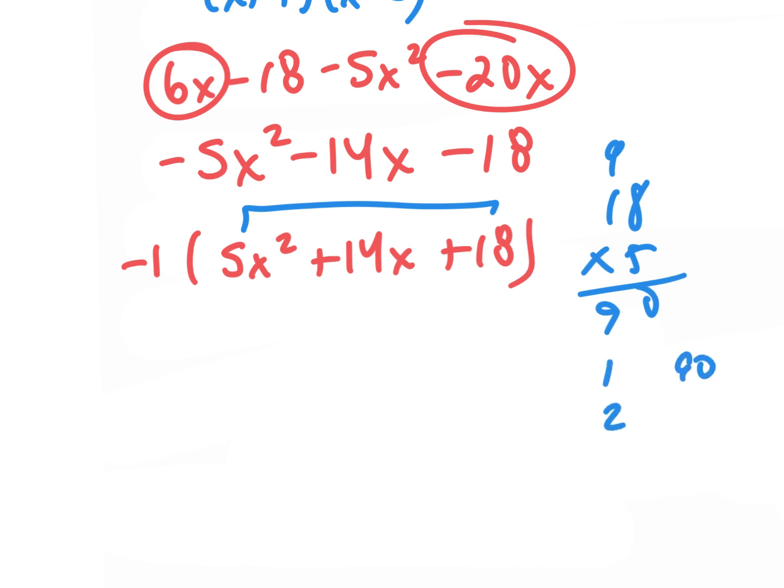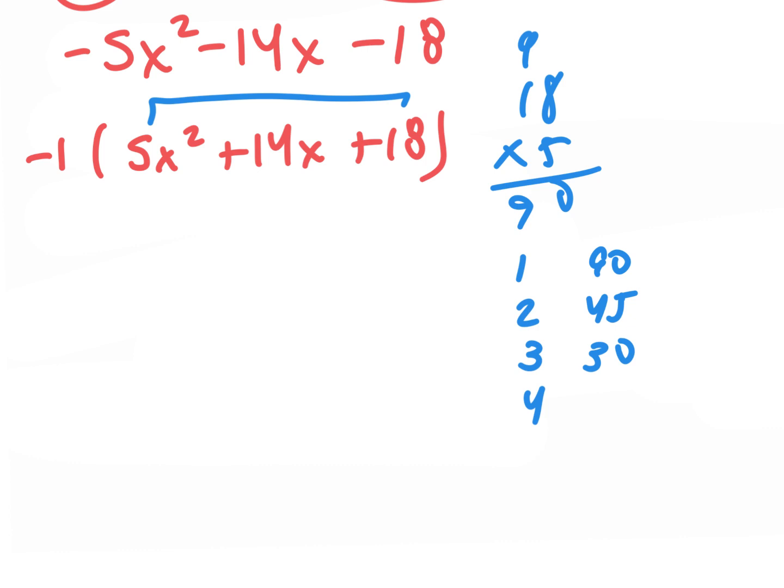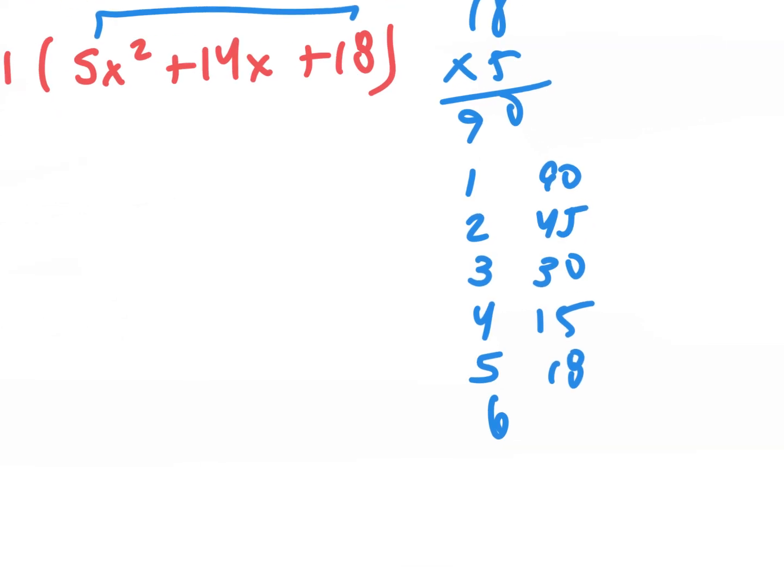So 1 and 90, 2 and 45, 3 and 30, 4 and, 5 and 18, 6 and 15. Does 4 go into 90? No. Come on, pay attention. Let's go. Any of these combinations, guys.